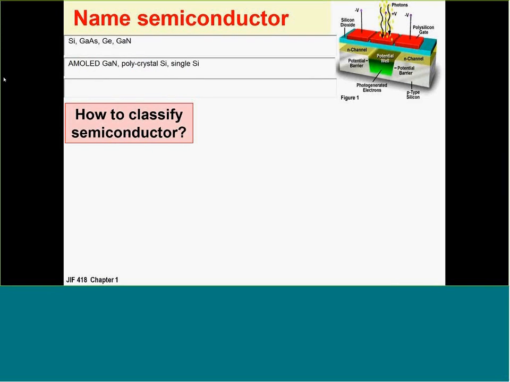So see now? Apart from knowing that it is a compound semiconductor, if it's written like this, with amor meaning amorphous, then you can know the structure of the semiconductor already just by looking at the name of the semiconductor.